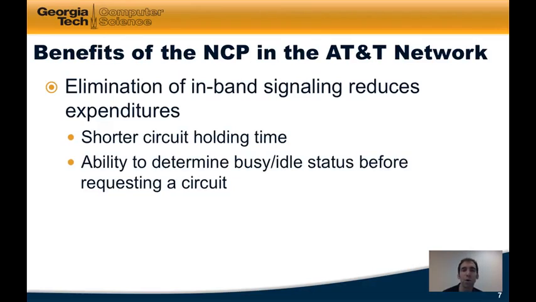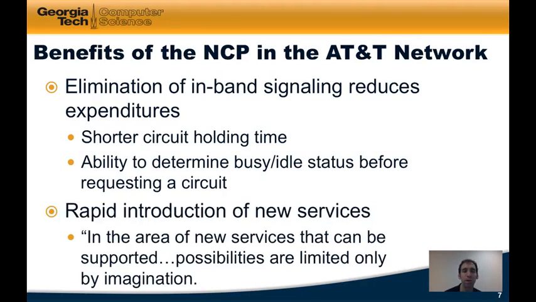Because they had a better view of what was going on inside the network, they were able to shorten the amount of time that particular circuits were held up. And more specifically, the ability to determine the busy or idle status of a circuit or a trunk line before requesting that circuit allowed for a more efficient and quicker allocation of resources.